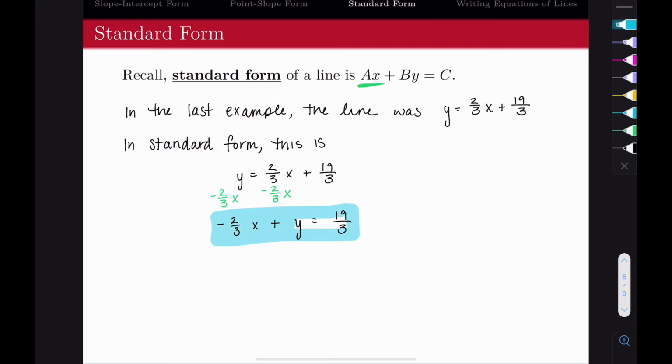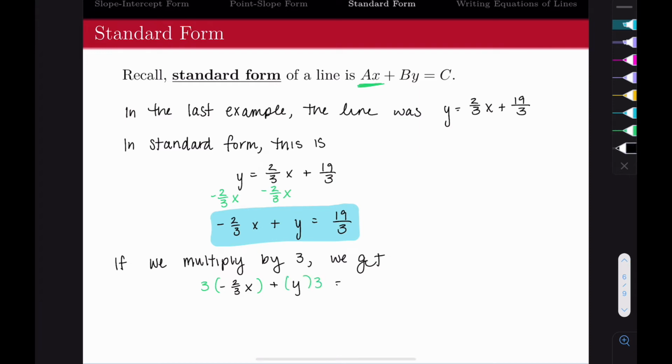The other thing you can do to make things cleaner is wipe your fractions. If we multiply by 3, we get the following. We multiply by 3, this would be negative 2/3 x, and then we times it by 3, plus y, and we're going to times that by 3, and that equals 19/3, also times 3.